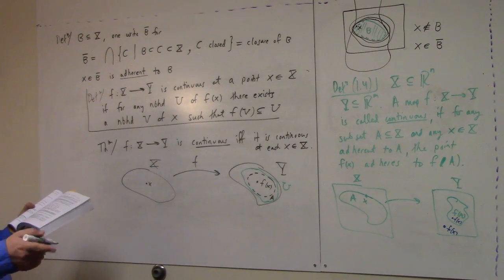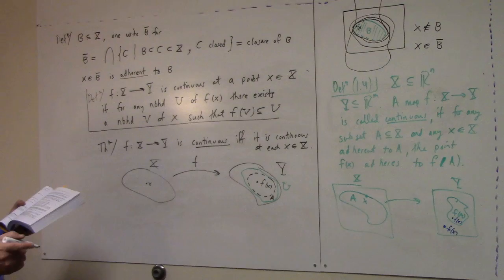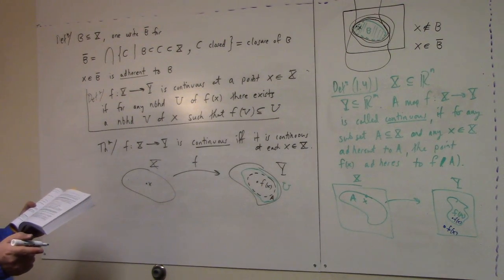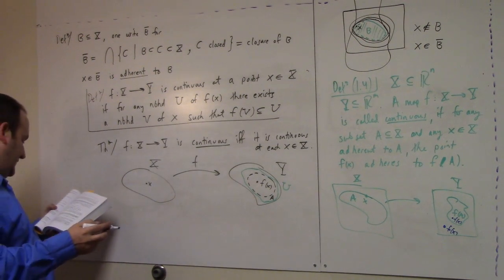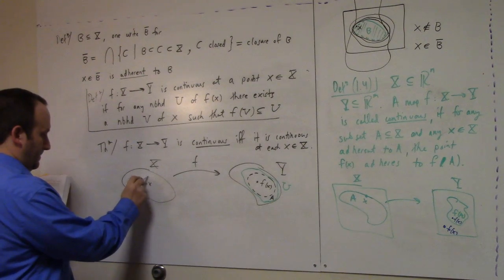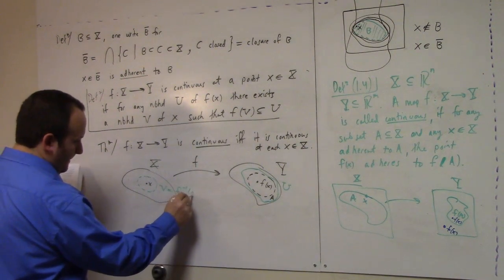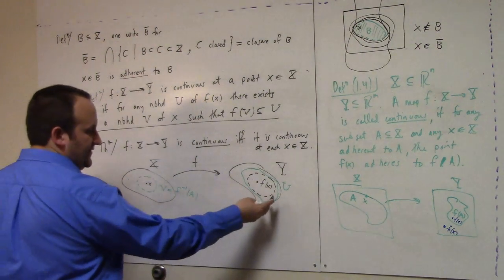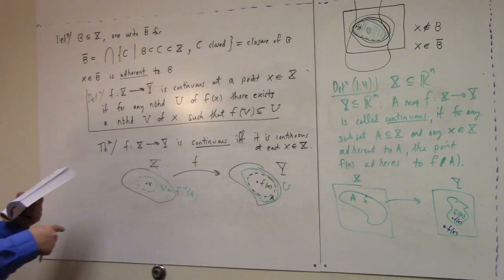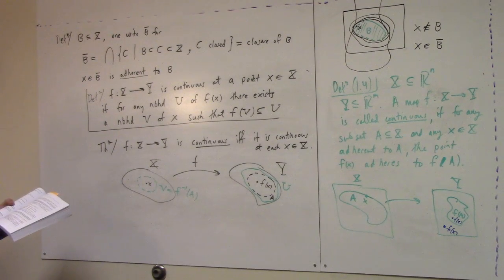Right, exactly. He says the open set V equals f inverse of A, and now I know that's open because it's the inverse image of an open set, assuming f is continuous. That is a neighborhood of x.